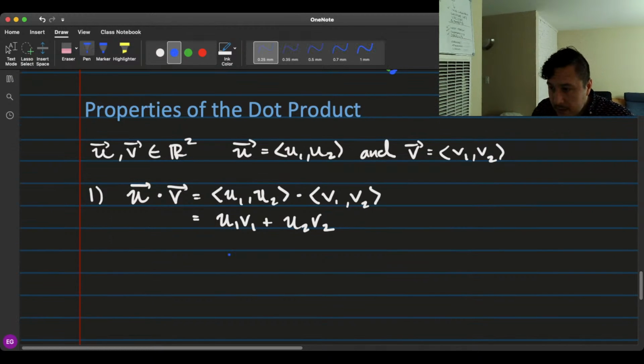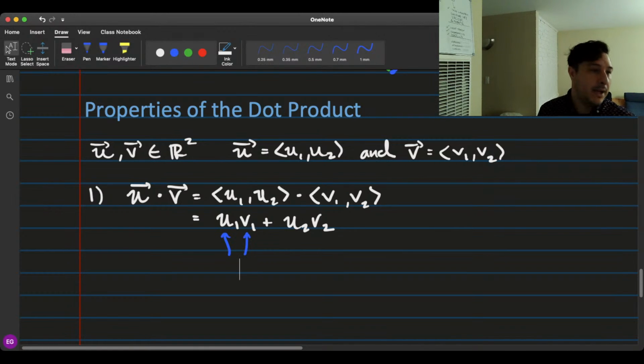What could I do with u1 and v1? What sort of change could I make? Because they're two numbers being multiplied together, how could I change that expression? You could say v1 u1.